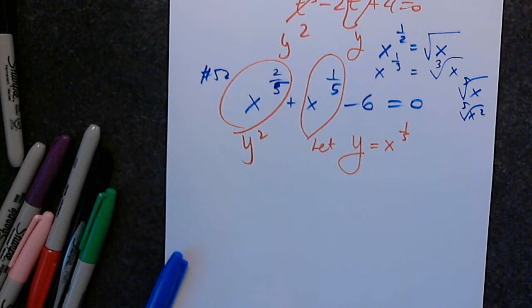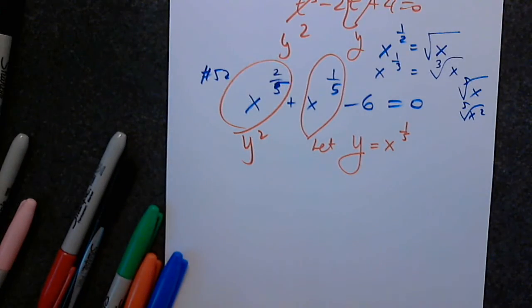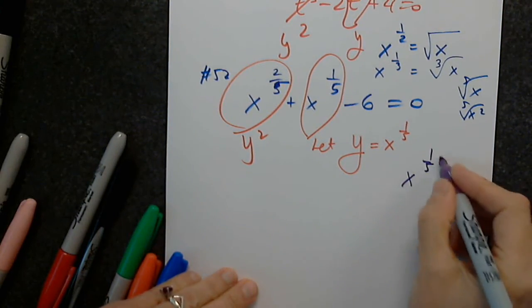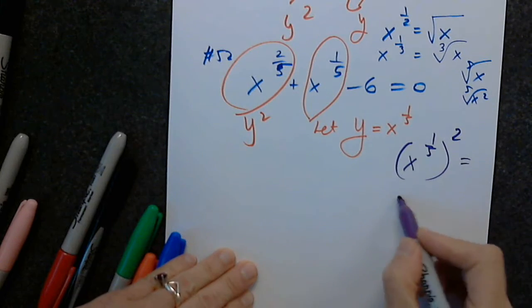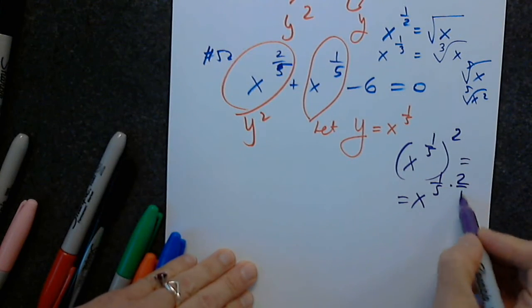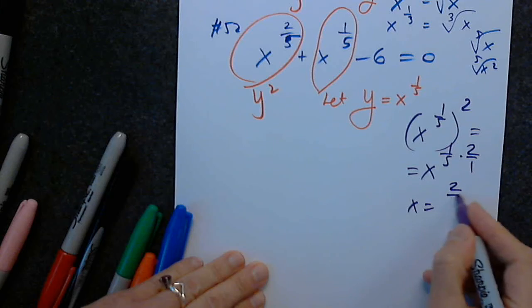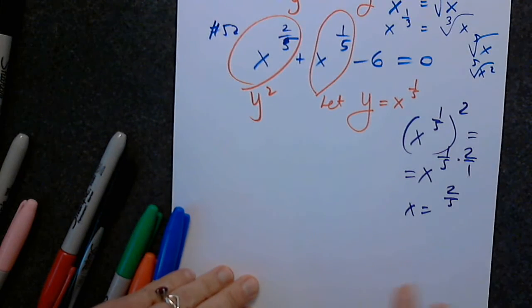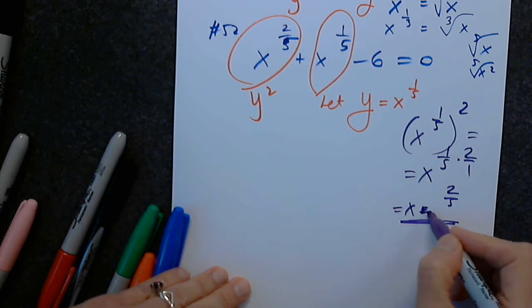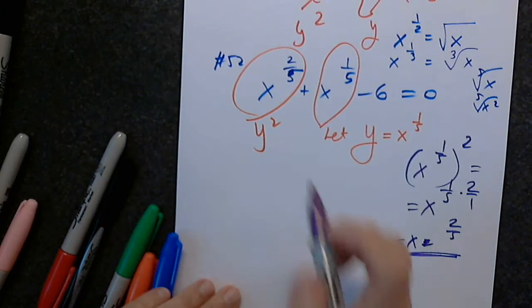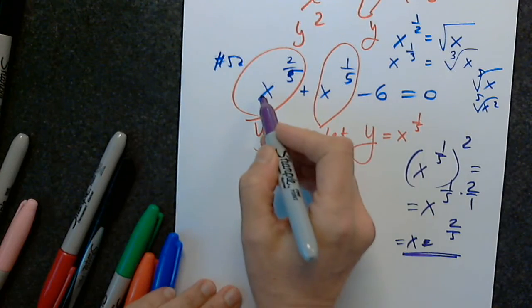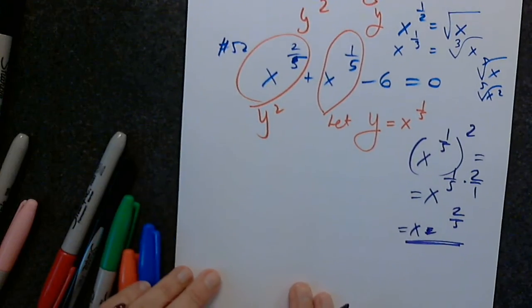So 1/5 times 2 is x to 2/5. So I'm safe. If I denote this by y, this will definitely be y squared.